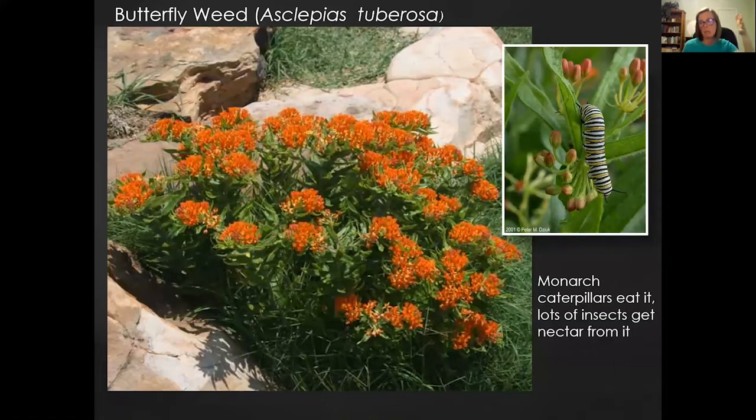Okay, butterfly milkweed. I already kind of talked about this one too much accidentally. That's a monarch caterpillar there on the right, the black, white, yellow stripes. My butterfly milkweeds are covered in these monarch caterpillars. They love it. So this is a great one to use in any landscape. They need sun.